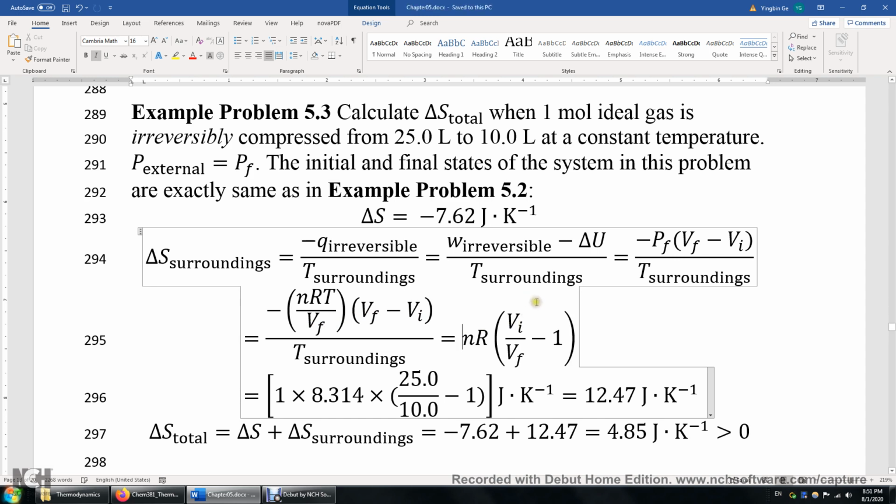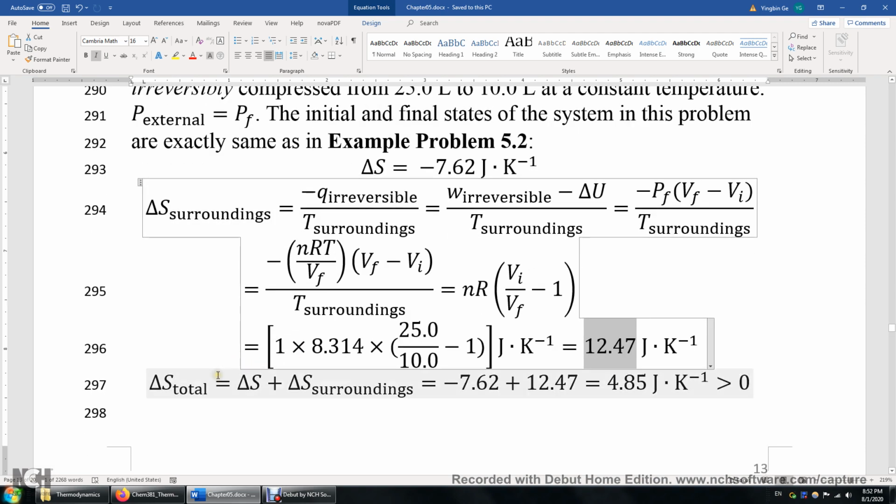Now we plug in numbers. VI over VF, initial over final, that's 25 over 10 minus 1. We have 2.5 minus 1 here, times R, times the number of moles. The result is 12.47 joule per K. What about the entropy change of the universe?